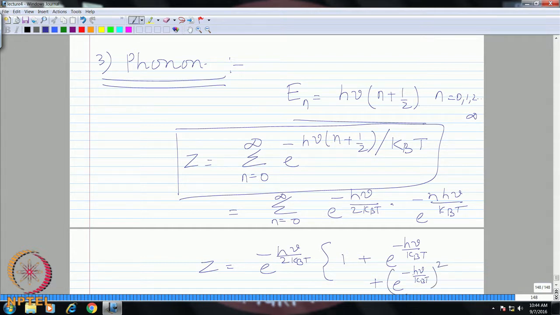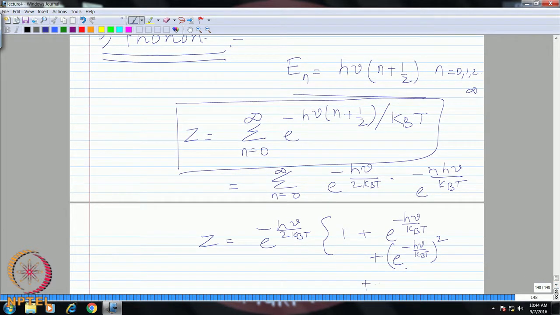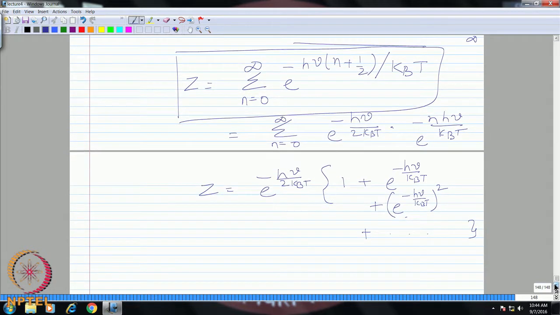So, basically e power minus 2 h nu by kBT can be written as e power minus h nu by kBT the whole square, so on and so forth. So, you have all the other higher order terms till infinity. So, you have now a series expansion. Okay. So, you can compare this to the Maclaurin's series.